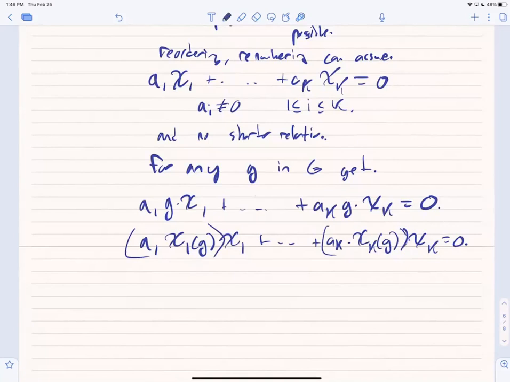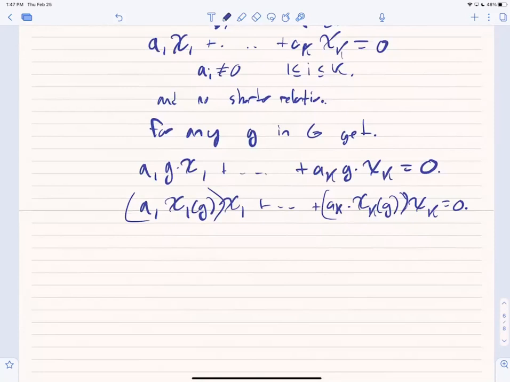And so this 0 over here is the 0 function. When I write 0, I mean the 0 vector inside the vector space of functions.